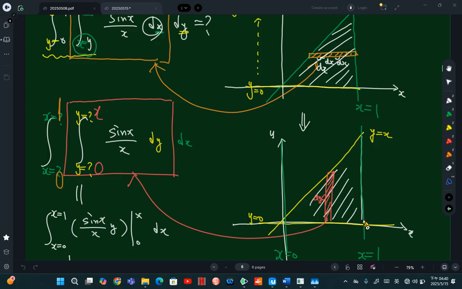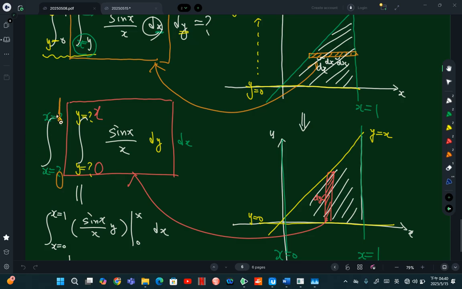Then gradually collect the small pieces, and you can have the whole slice. This red one expresses that you try to get the area for this slice. Then finally, you gradually collect all slices from x equal to 0 to x equal to 1. That's why I suggest you add the variable here.